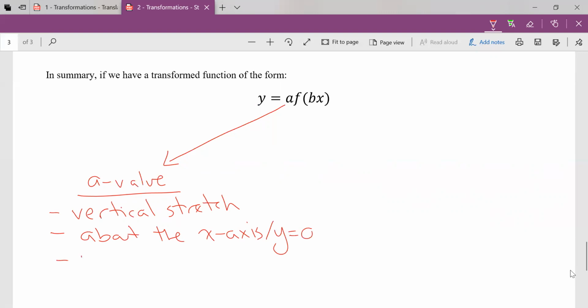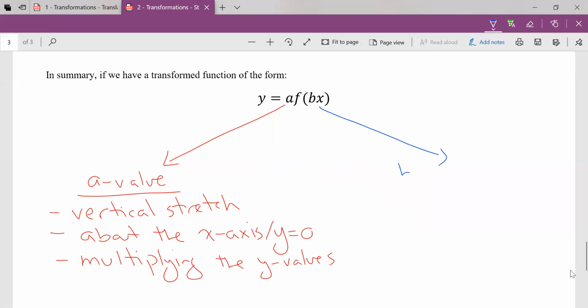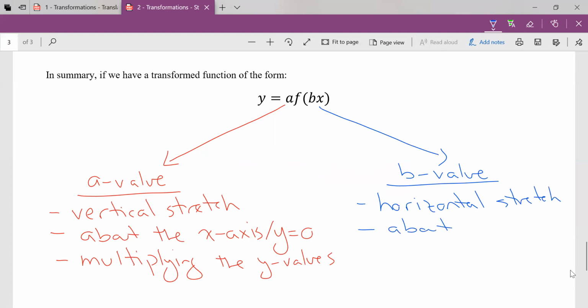And when you're vertically stretching, what you're doing is multiplying the y values. What about the b value? The b value is our horizontal stretch. So what that means is it's about the y-axis, or x is equal to 0, and you're multiplying the x values.